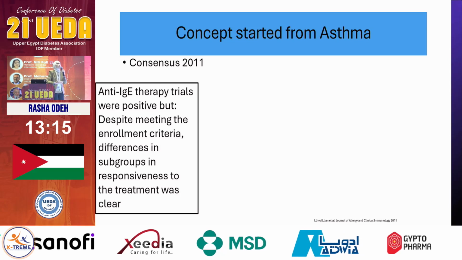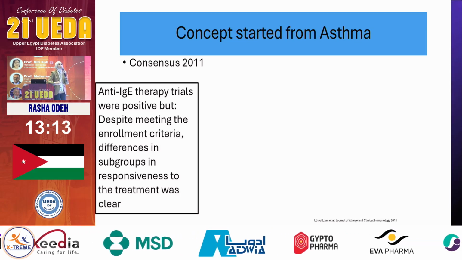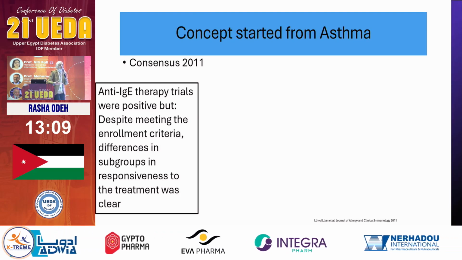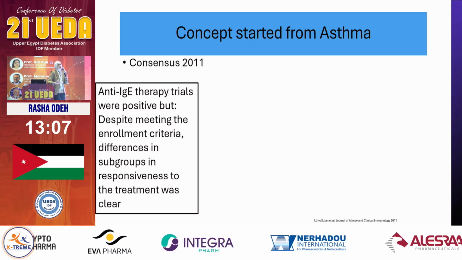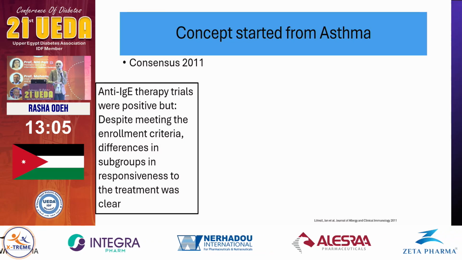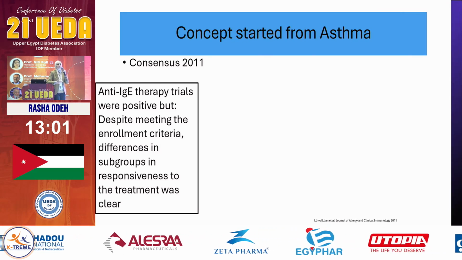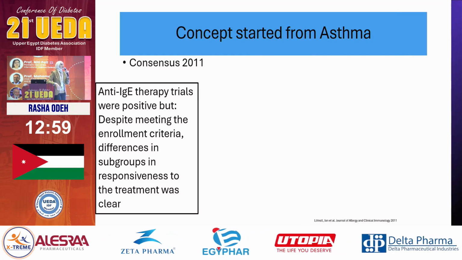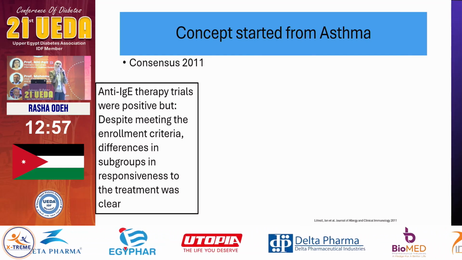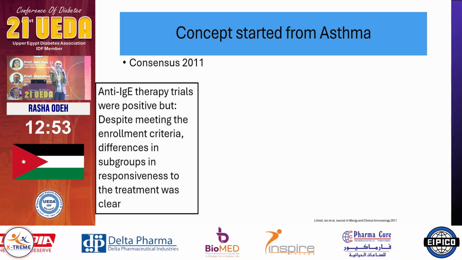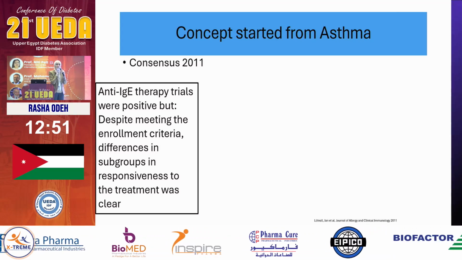The idea of endotyping diseases came from diseases like asthma. In the 1990s, they looked at the response to anti-IgE treatment for people with hyper-responsiveness in the airways and wheezes and so on. They saw that their response to the anti-IgE treatment was very different, although they all had the same symptoms of asthma.